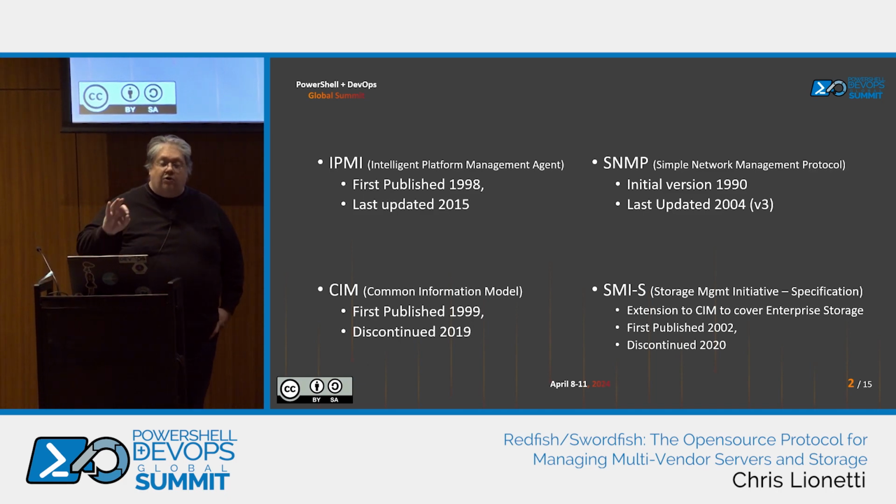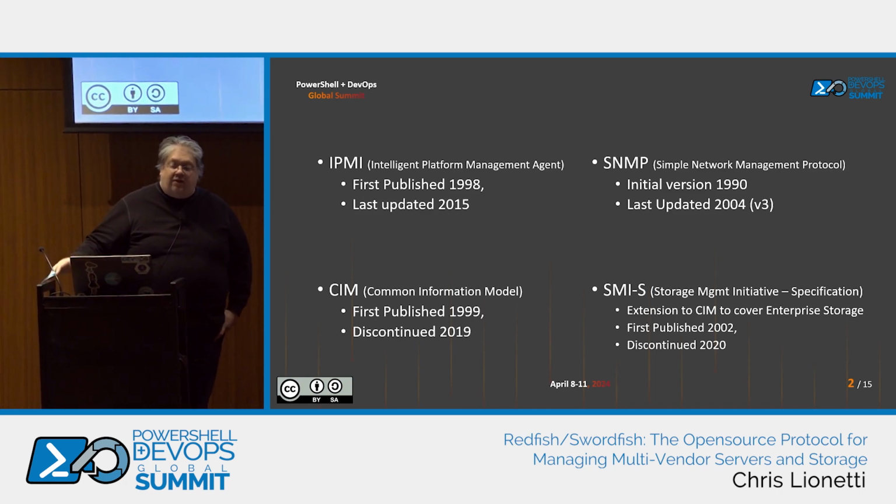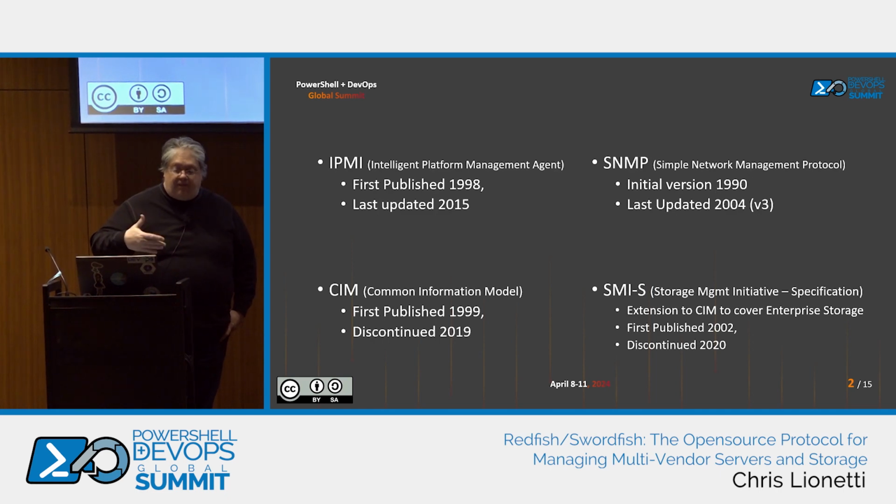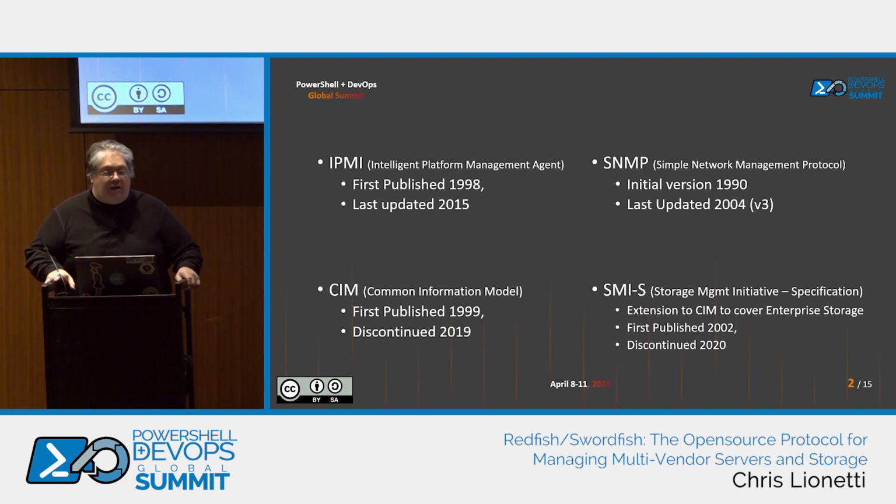But again, security was not a concern. They started developing the protocol in '98. It was last updated or discontinued in 2015. However, most shipping servers still have some form of IPMI on them. Vendors want to turn that off, and the reason is it's a major security flaw. There are security problems with IPMI. Don't use it if you can help it. The benefit of both of these first protocols, IPMI and SNMP, is they're extremely lightweight. In the Goldilocks scenario, that was the first bowl of porridge.